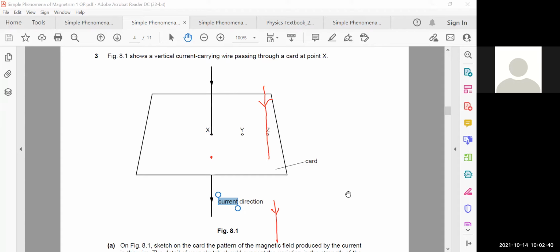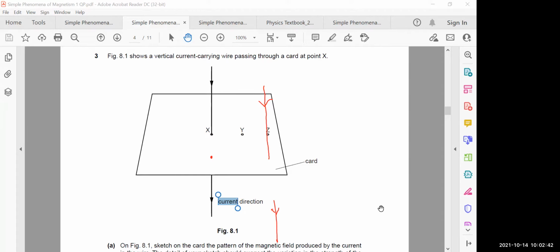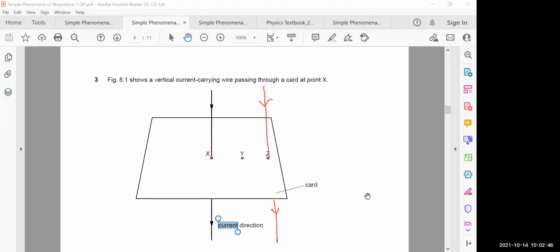Now, children, another student, Sampan Malik. The conductor is moved from point Y to another position Z. What is the effect on the strength of the magnetic field at point X? Increase, decrease, or remain the same?